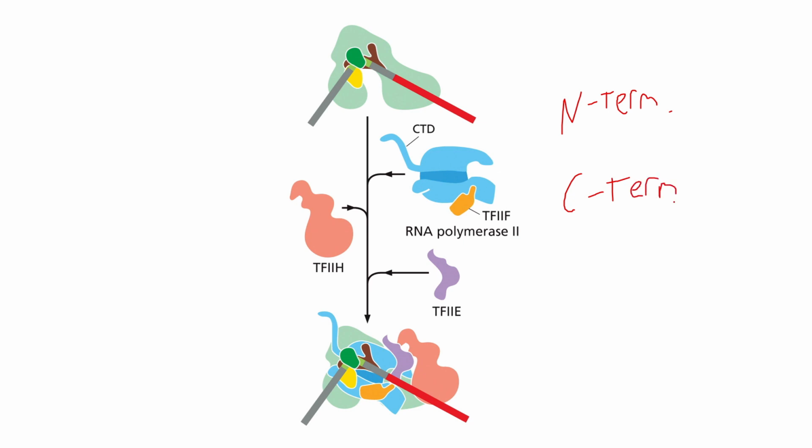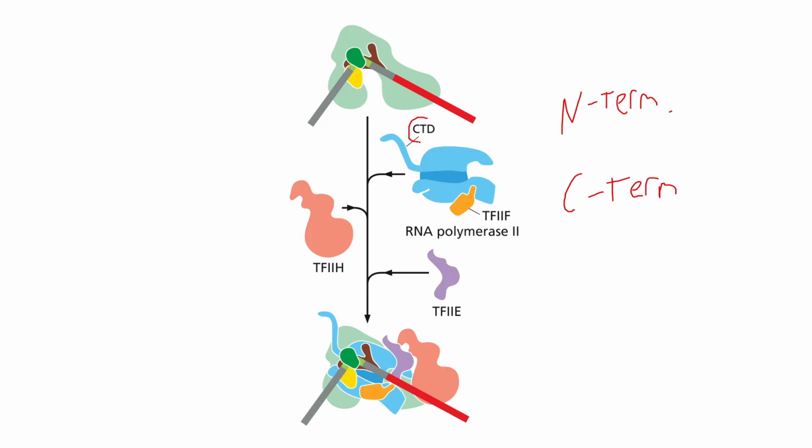Now, if you recall, when we were making histones, all the N-terminals, where were they? Were they inside or outside? They were outside because they were able to get methylated. They were able to get altered on the N-terminal end. They were sticking out. Do not get that confused with polymerases. Histones are slightly different.